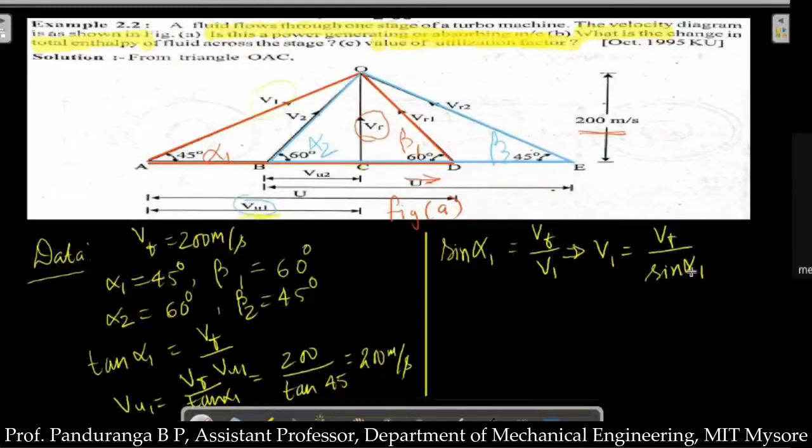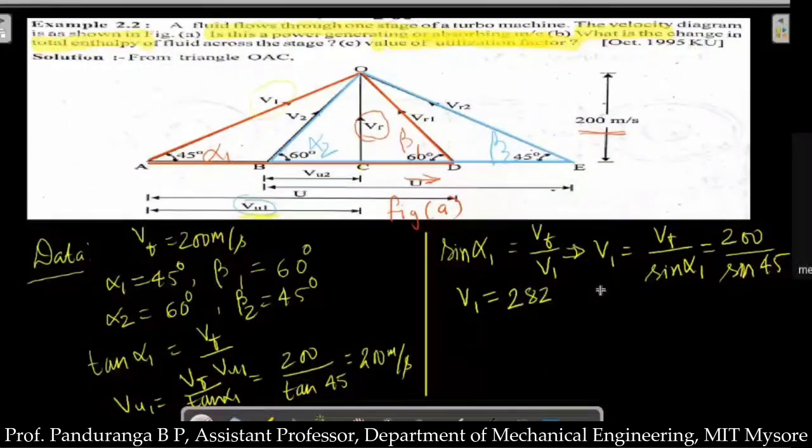So that will be equal to 200 divided by sine 45. So what is 200 by sine 45? V1 will be equal to 282.84 meter per second.